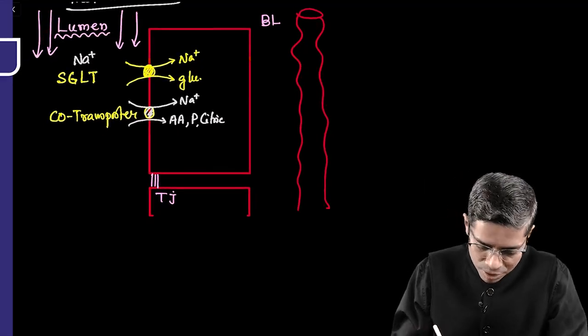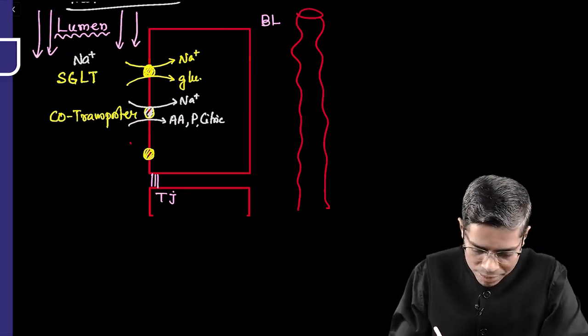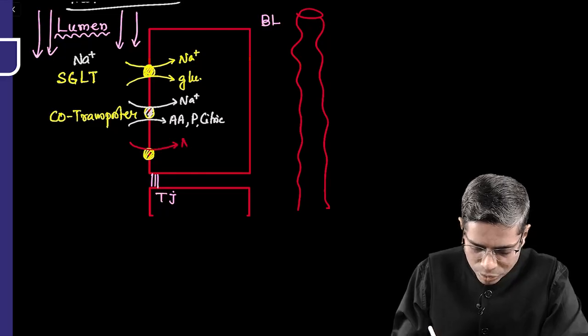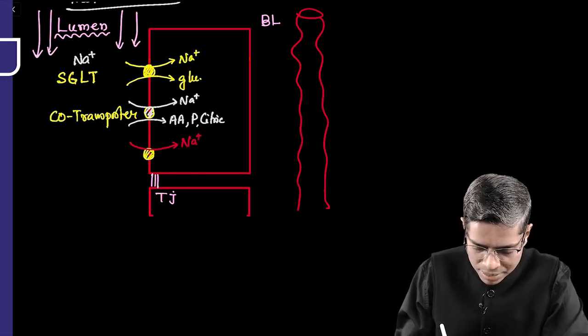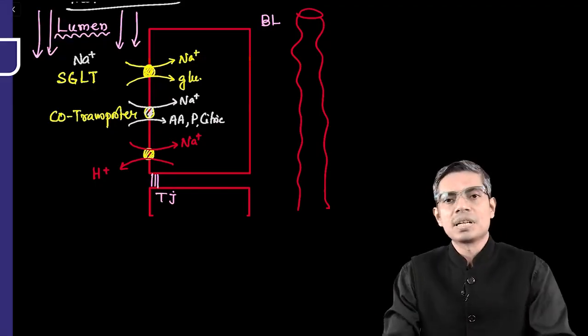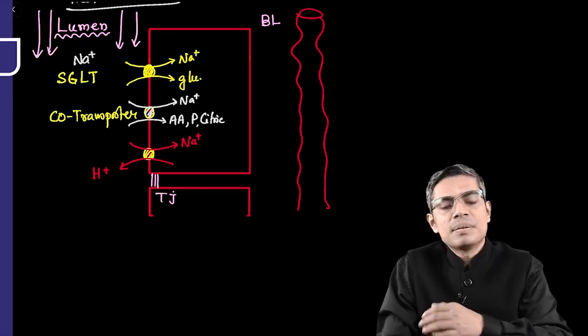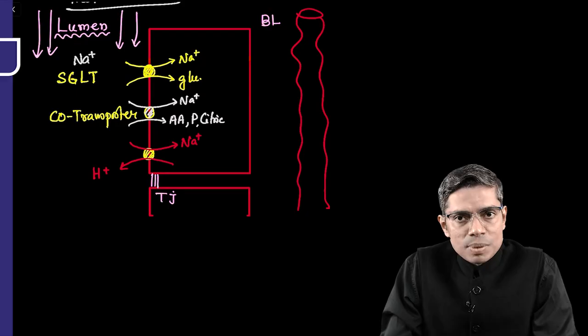And the third group of transporter that I'm drawing here is very special. Why special? Because whenever it is reabsorbing sodium from lumen to the epithelium cell, it is going to secrete one molecule of H plus ion into the lumen. Means it is an antiporter, not a co-transporter, absorbing sodium in exchange with H plus ion.